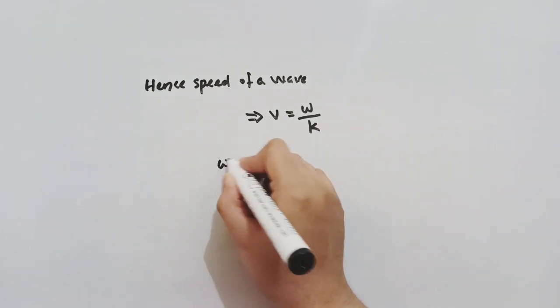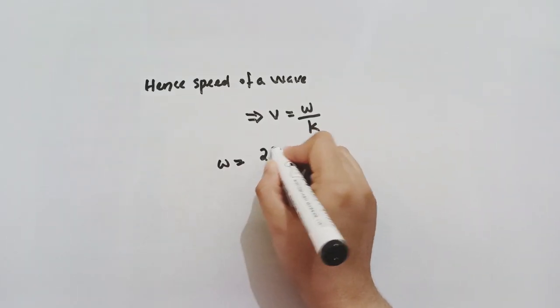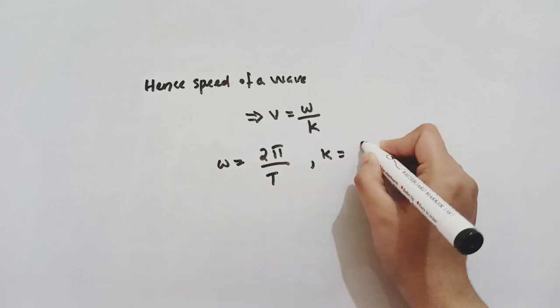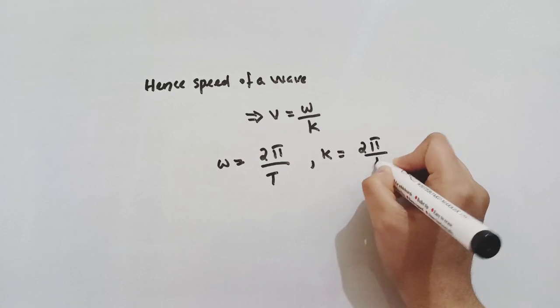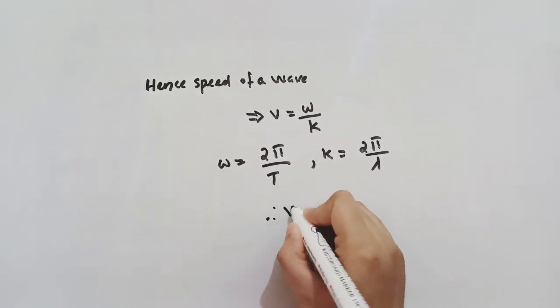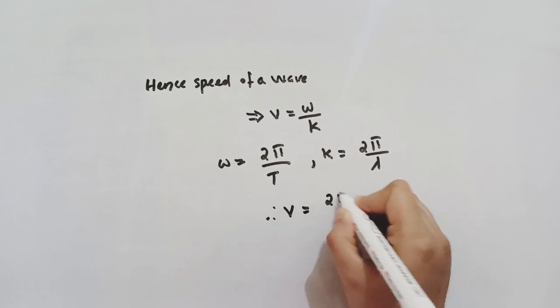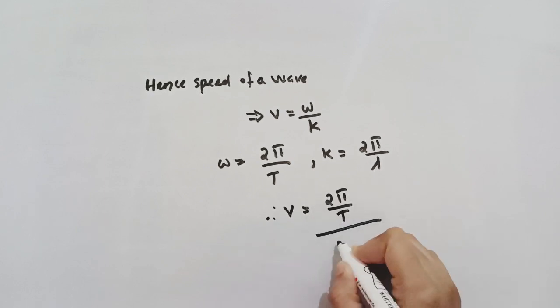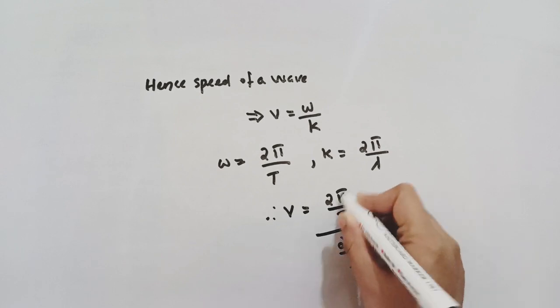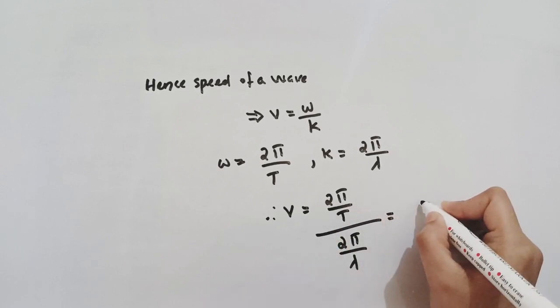Also, we have ω = 2π/T and k = 2π/λ. Therefore, we can write v = (2π/T)/(2π/λ). 2π and 2π get cancelled.